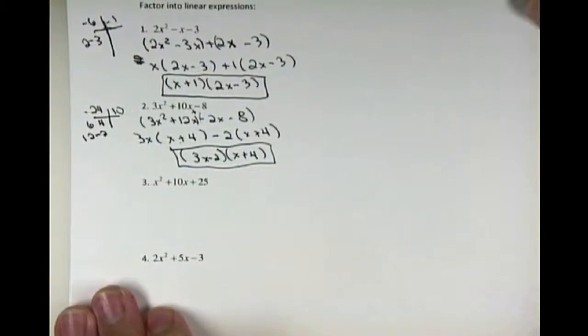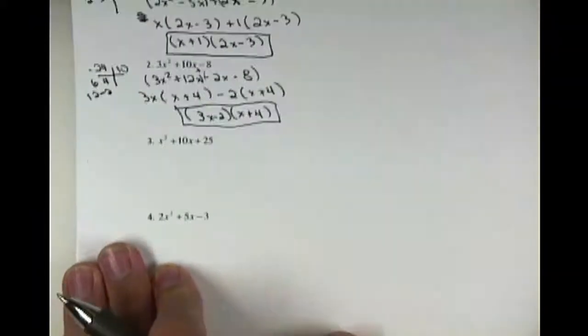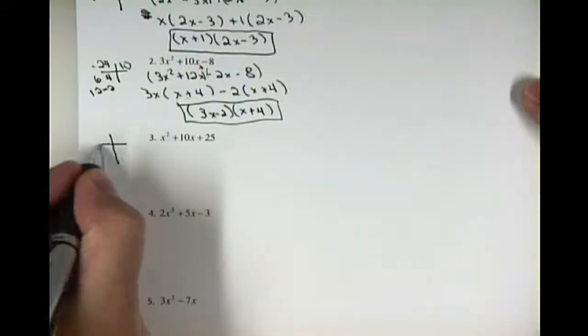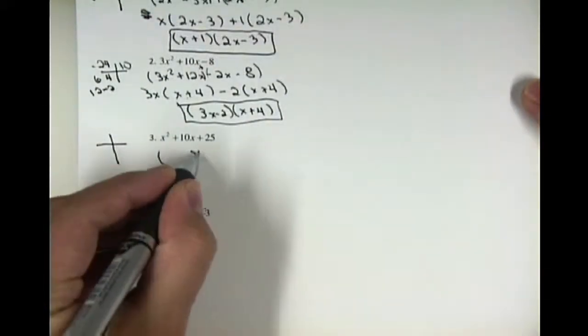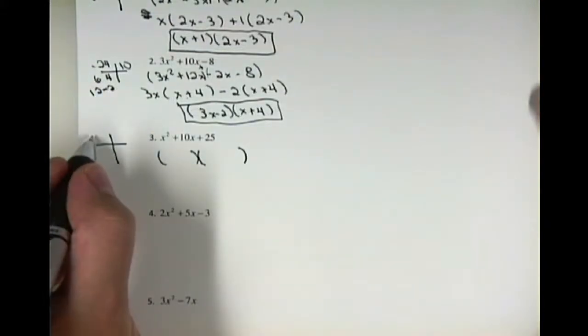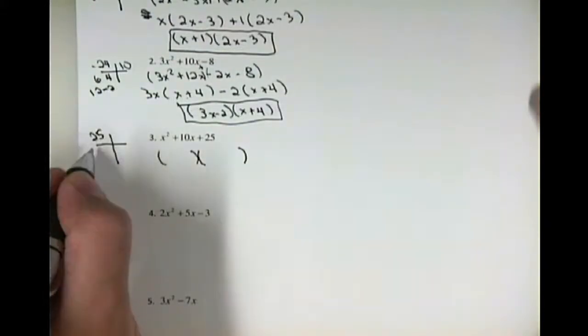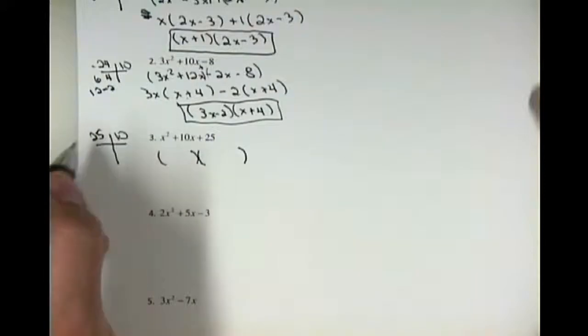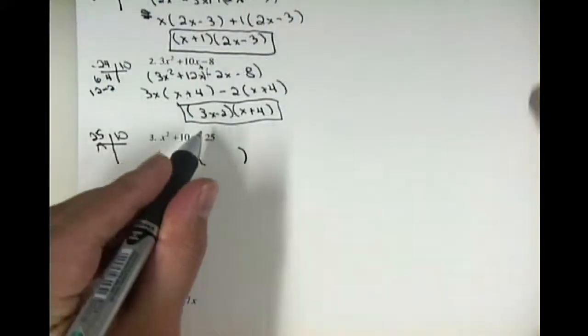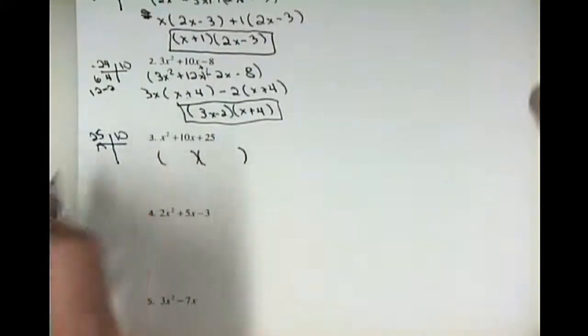The next one does not have a number in front of x squared. When that happens, you can take a shortcut and just write parentheses, and this is what my college algebra teacher would always do. You just write parentheses and then magically fill them in. How the magic filling in goes is you do the same thing. You want factors of the first coefficient times the last coefficient that add up to be the middle coefficient, signs and all.